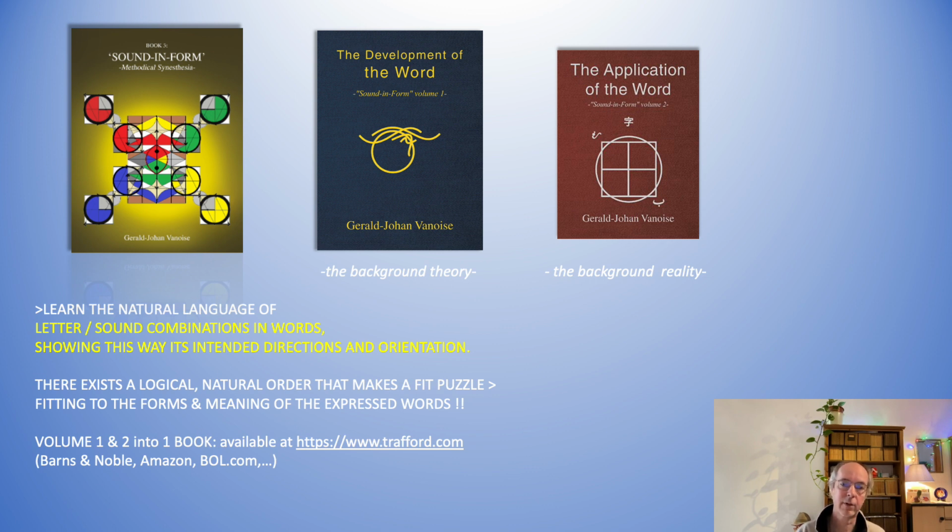This set of videos now, I already had some parts about the theory, I had some parts with demonstrations. Here I focus mainly upon the development of your sensitivity of recognizing letters and combinations in words in your daily reality.